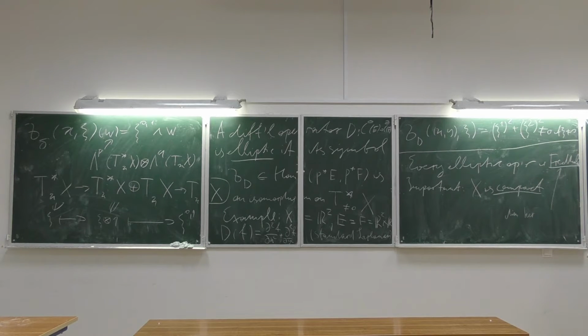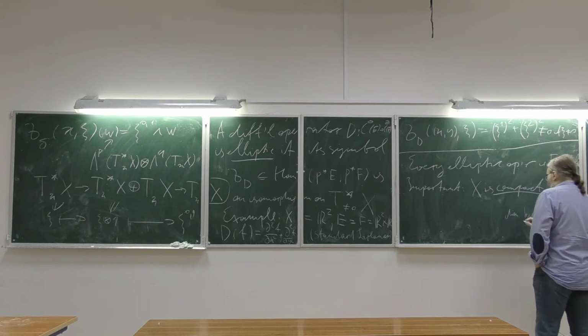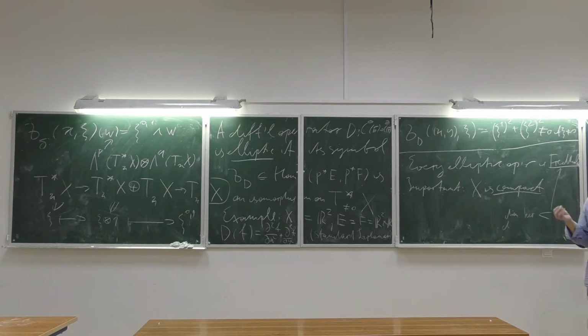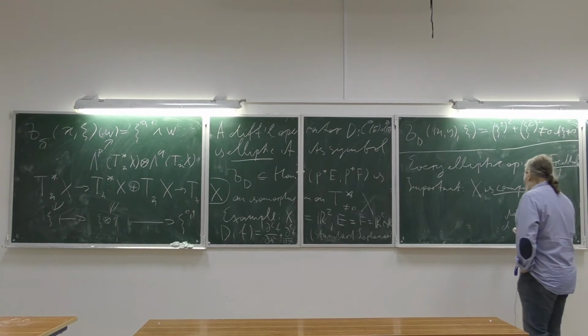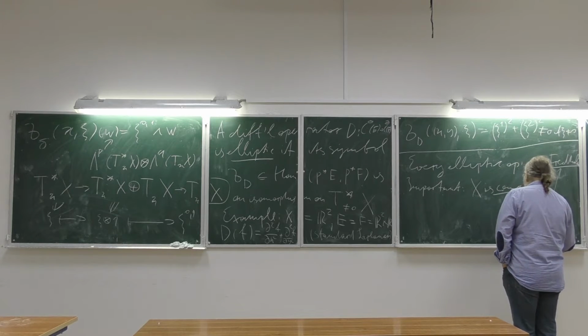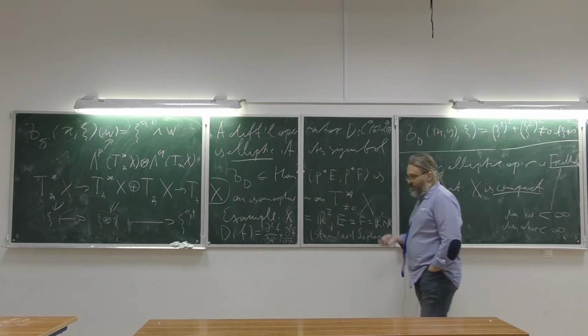Well, every operator has kernel and co-kernel. The Fredholm condition says that the dimension of the kernel is finite, and so is the dimension of the co-kernel.